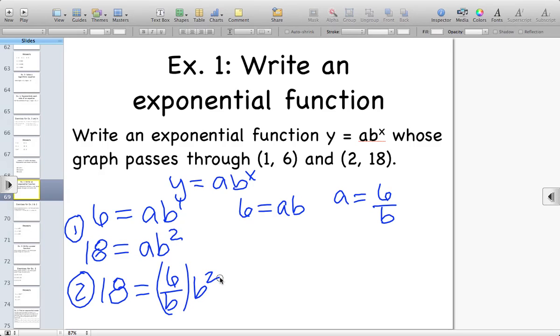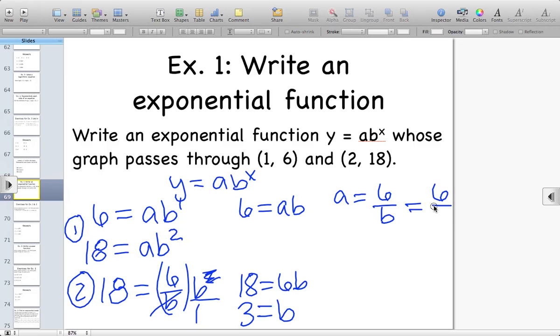Okay, so now I have 6 over b times b squared. Well, of course, if we're multiplying fractions, we have b squared over b, we can cross reduce. So now that gives us 18 is equal to 6b. Divide by 6, b is equal to 3. If you know what b is, you can figure out what a is.